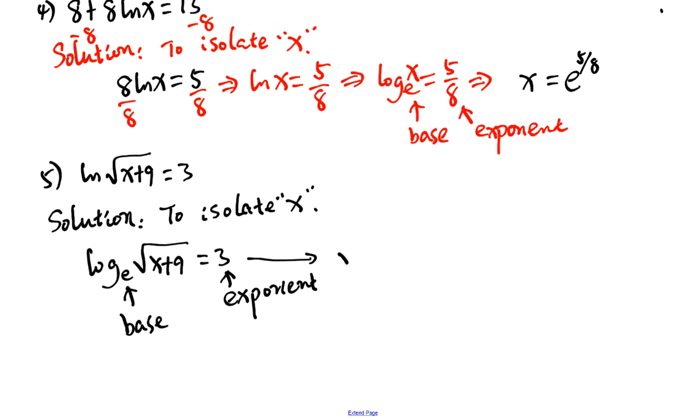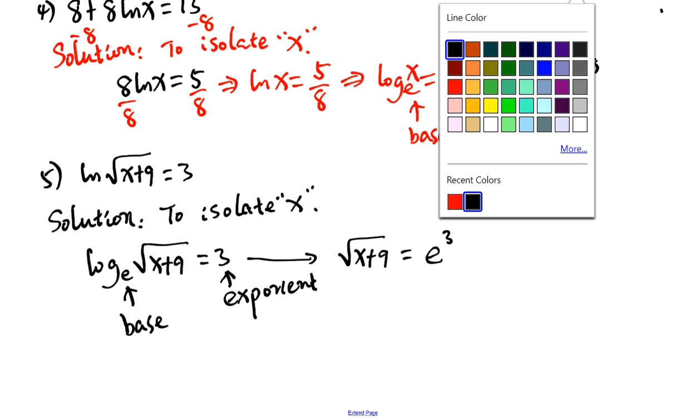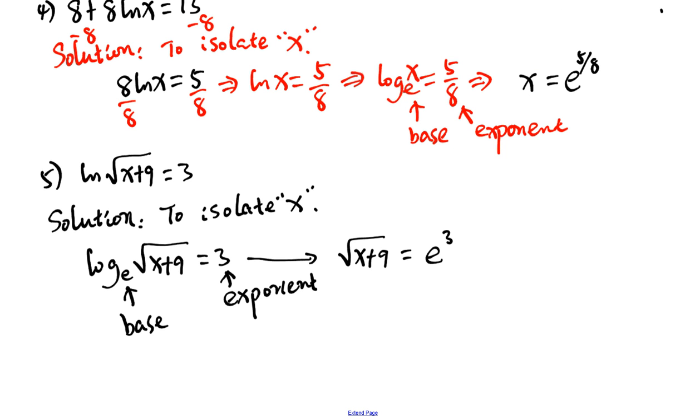So you then have x plus 9 is the base e to the exponent 3. Then you square both sides. You should have x plus 9 on the left.